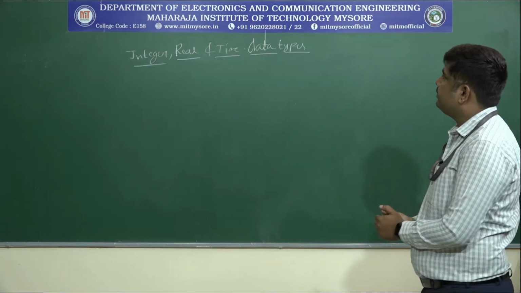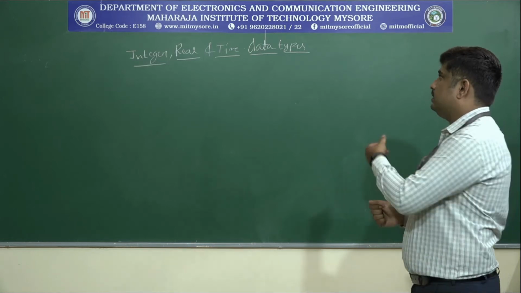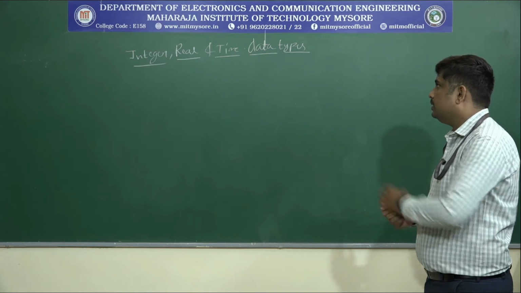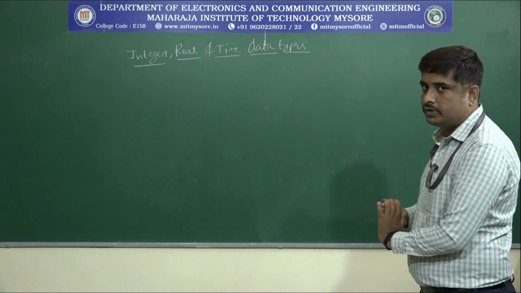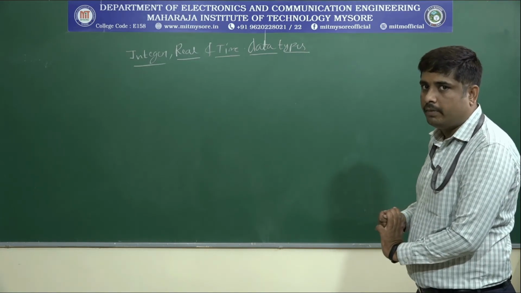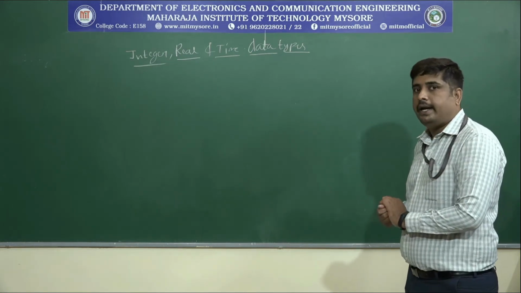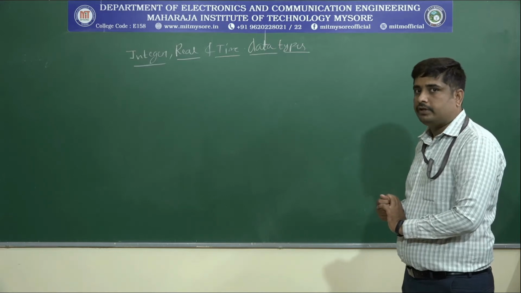Next data types: integer, real and time. They are interrelated, that's why we discuss them together. First one, integer. It is a familiar word from C programming, and it has the same meaning here. Integer is a data type used for manipulating functions.